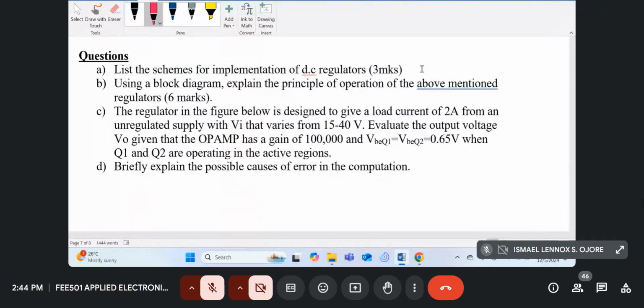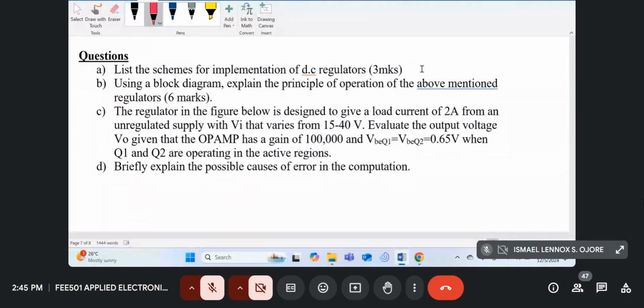Part B, using a block diagram, explain the principle of operation of the above-mentioned regulators. So that's in your notes. Part C, the regulator in the figure below is designed to give a load current of 2 amps from an unregulated power supply. Vin varies from 15 to 40 volts.